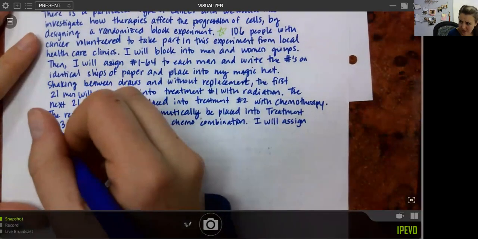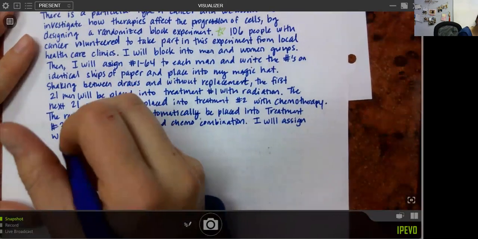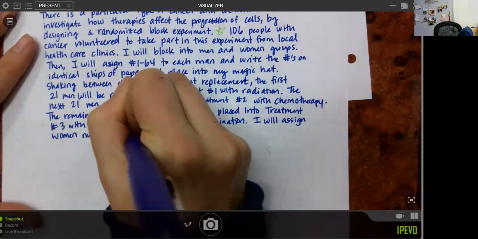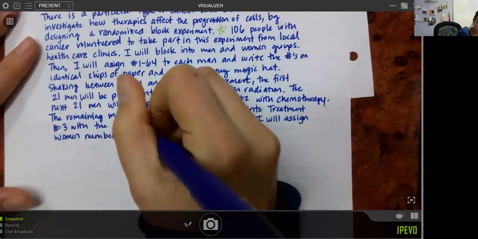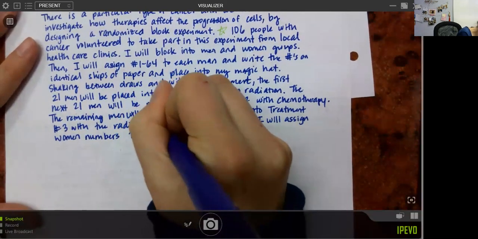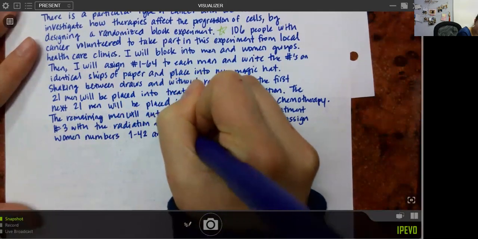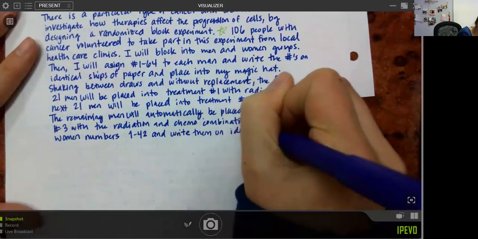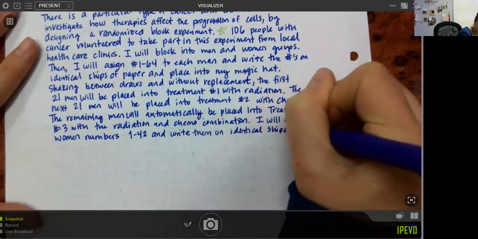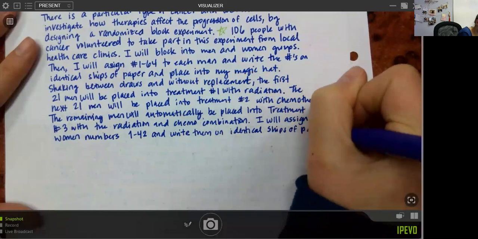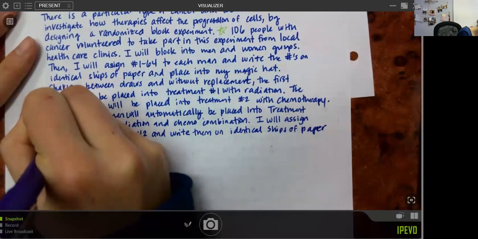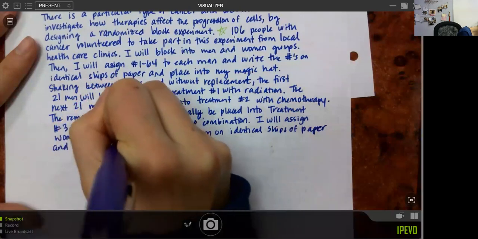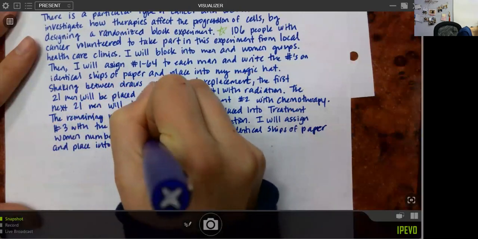I will assign women numbers 1 through 42, and write them on identical slips of paper and place them into my magic hat.